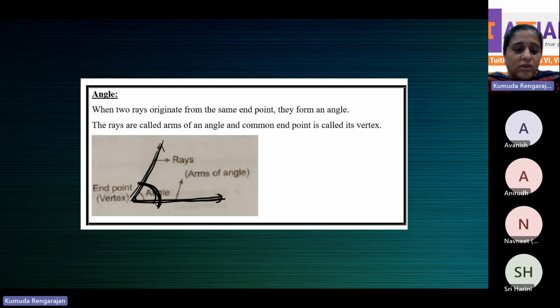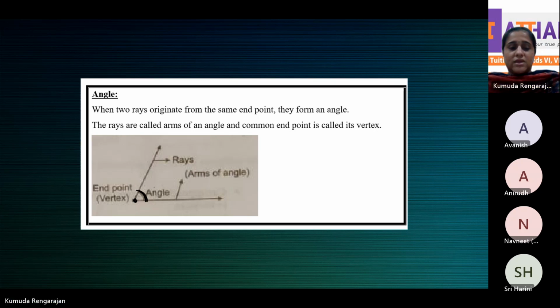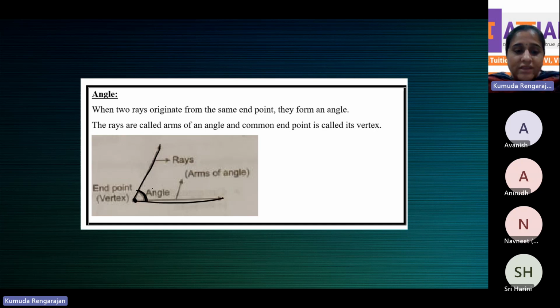In general, this is just a point, but for this angle, it's the vertex. In general, these are rays, but for the angle, they are the arms of the angle.